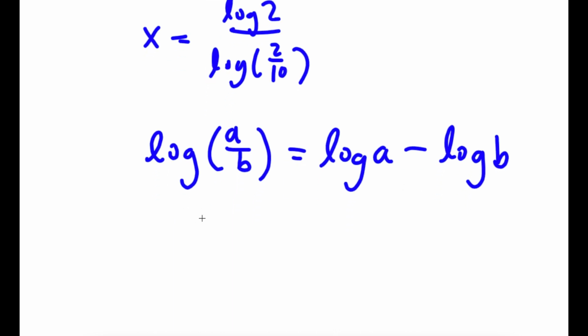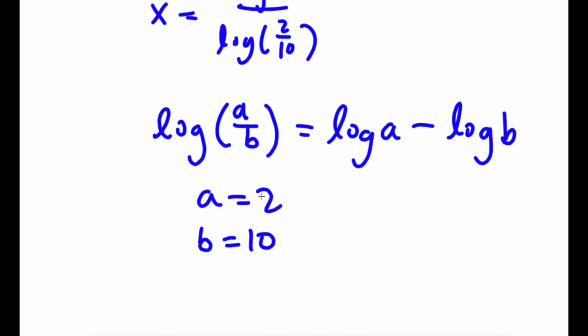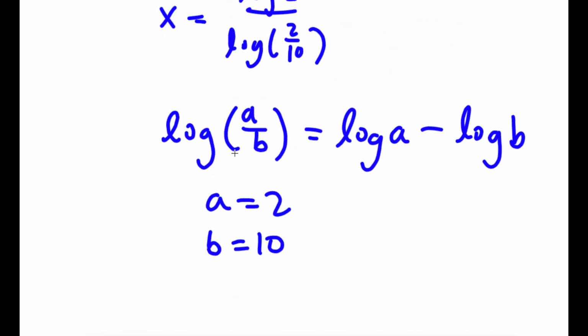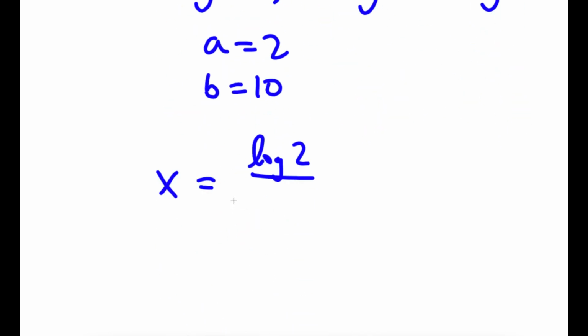So in this case, a is 2, and b is 10. So I can rewrite this as x is equal to log 2 over log 2 minus log 10.